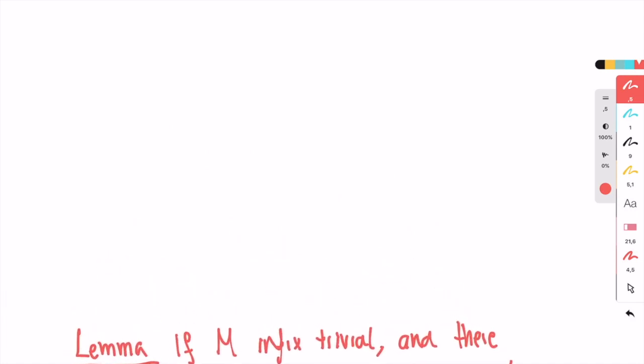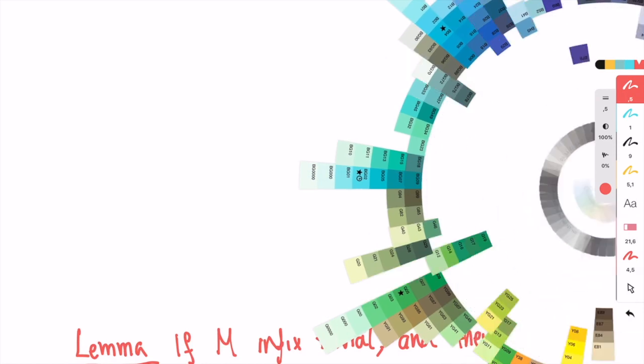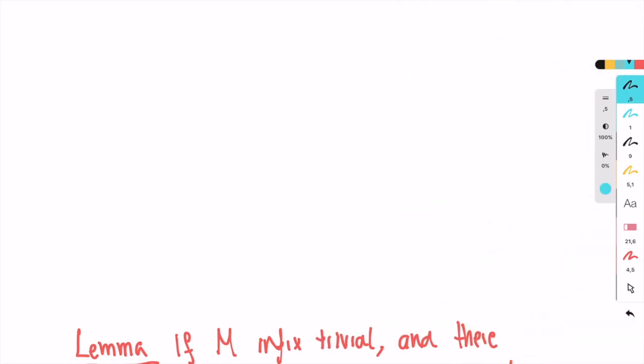So let's prove this lemma. And here there are again two sublemmas. So the first one is this. Let's call it Claim 1. Suppose that there is an AB zigzag.